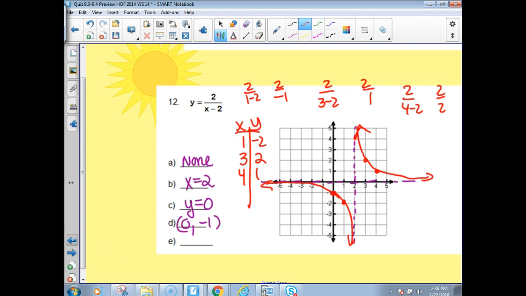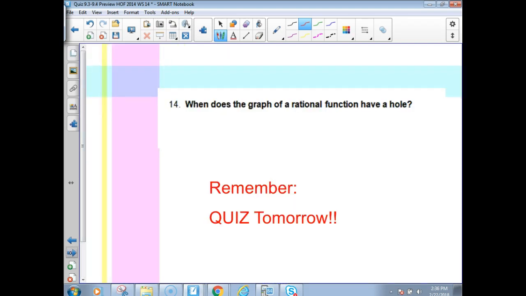And then we have one more question. Oh, what was E? Holes? There's no holes. When does the graph of a rational function have a hole? That is not technically correct, but it's close. I know what you're saying.